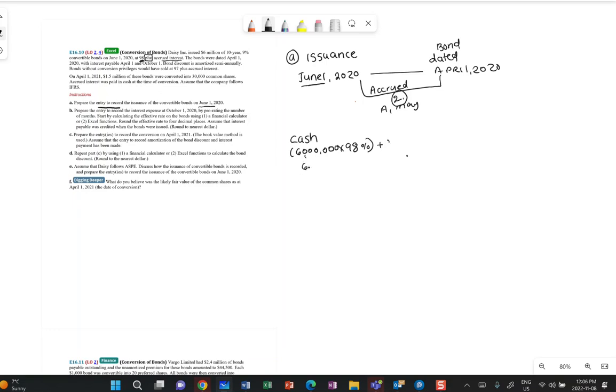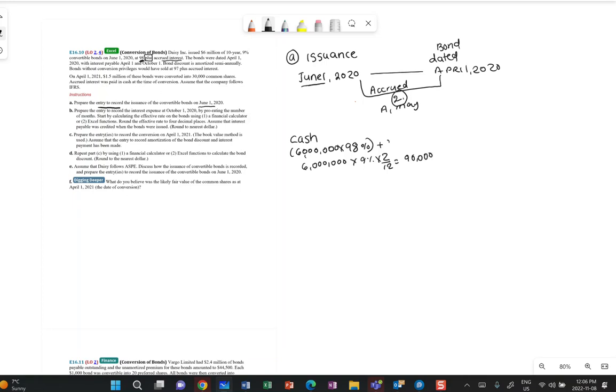How do we calculate our accrued interest? It is 6 million times the coupon rate. In this case, the coupon rate is given to us, which is 9%, and it is only for the 2 months, so 2 over 12, which gives you $90,000. That's the accrued interest.